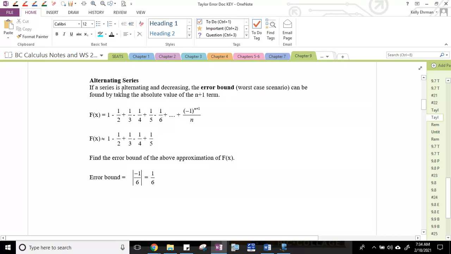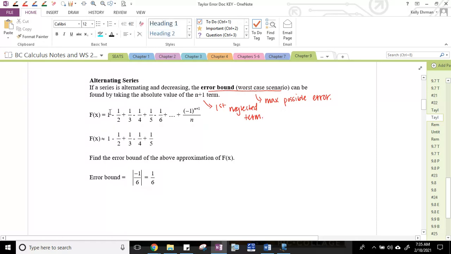So if a series is alternating and decreasing, then the error bound, which again is just the worst case scenario, or another way to think of that is like the maximum possible error or maximum possible amount we could be off on our approximation compared to the real thing, can be found by taking the absolute value of the n plus 1 term, or I just always think of this as like the first neglected term.